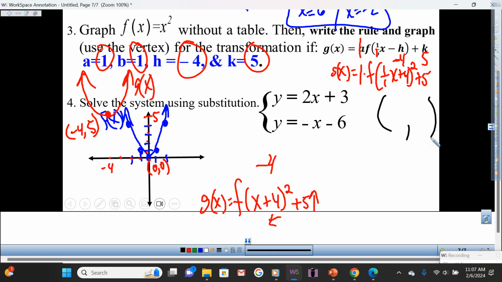Anthony D, what'd you get? -3, -3. Cool. Solution. Remind your neighbor what this means, and then Anthony E is going to enlighten us.